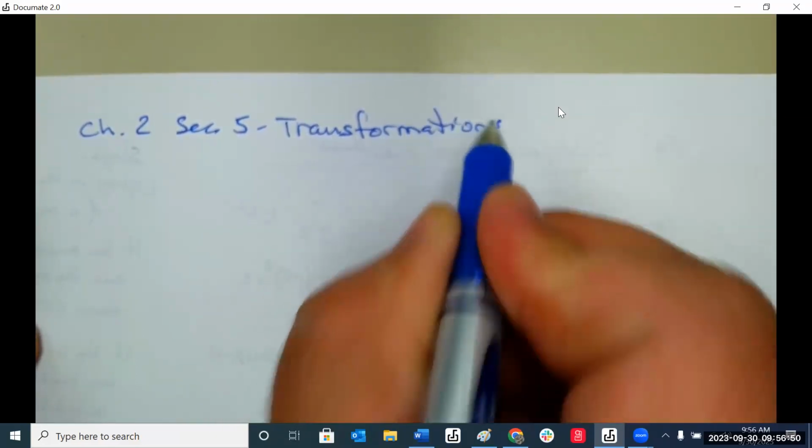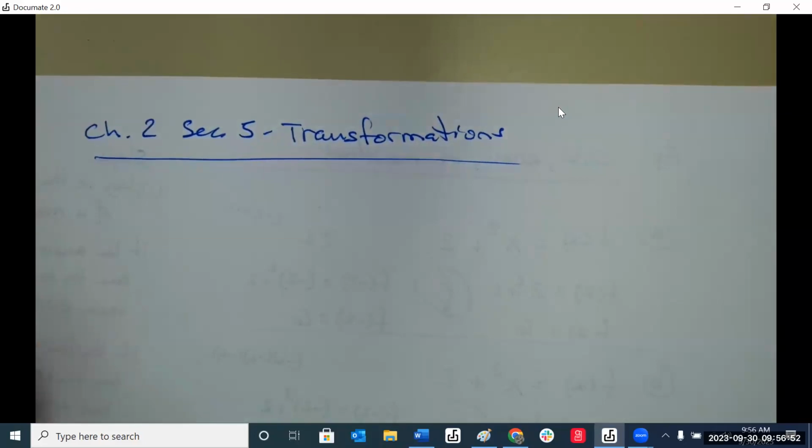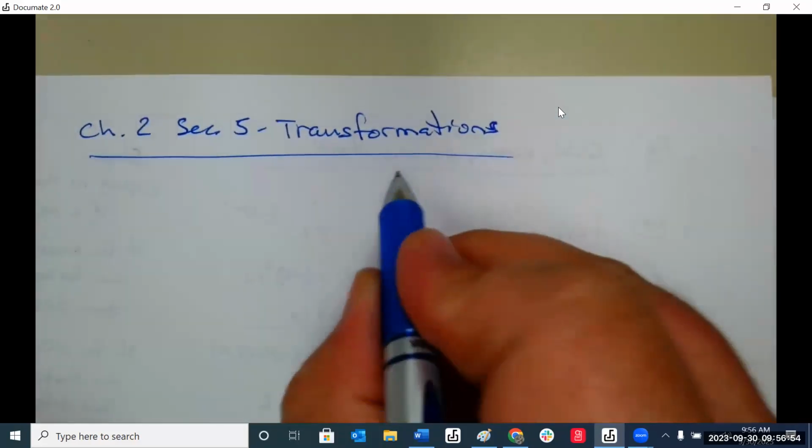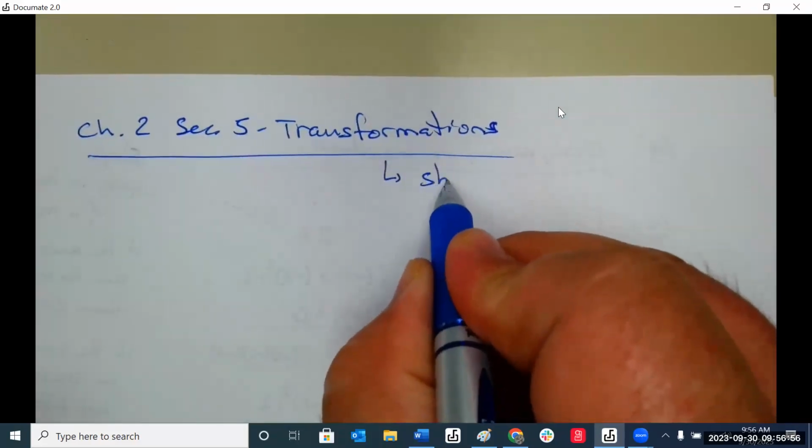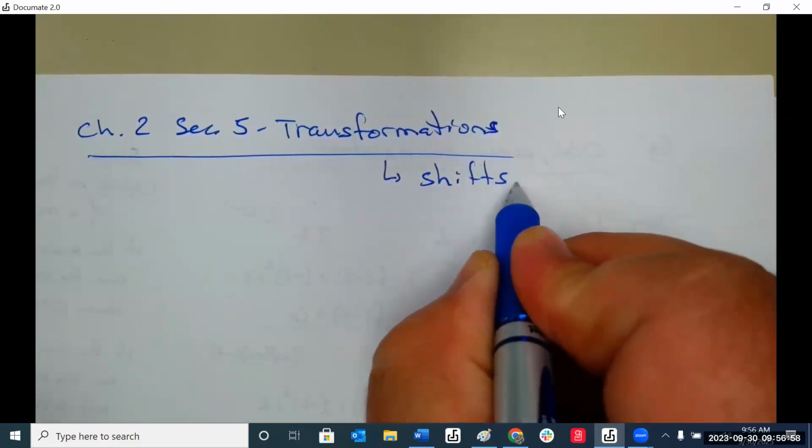Transformations. Transformation is just another way of saying shifts.